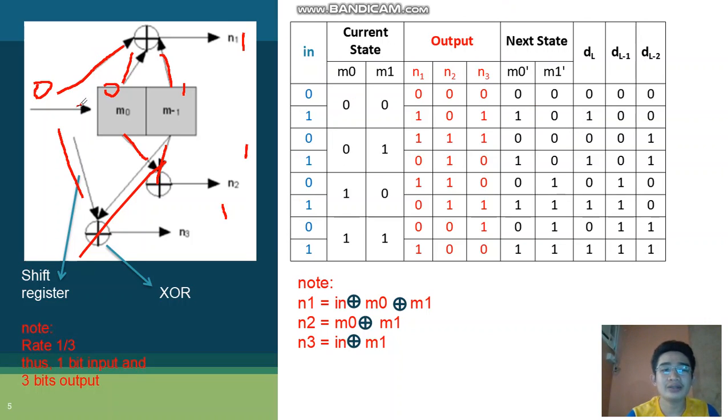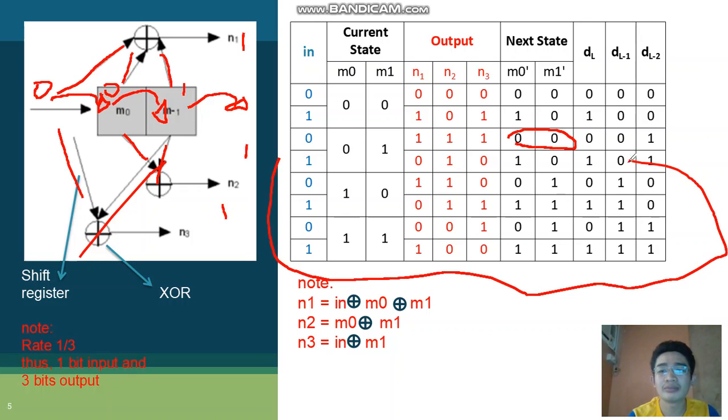For the next state, the 0 input will go to M0, the 0 will go to M1, and the 1 in M1 will be cancelled out. Therefore, we can fill up this table easily. Let's proceed.